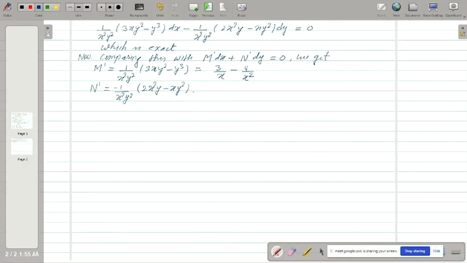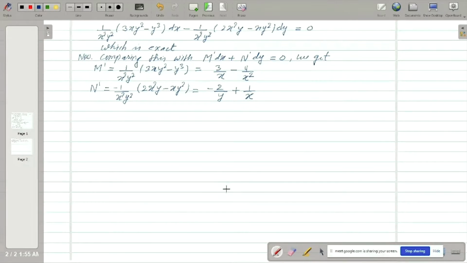Now simplify the other one: x square will cancel, so minus 2 upon y, one y and one y cancel, and the remaining y is over here. Now minus goes plus, plus 1 upon x, x square cancels.